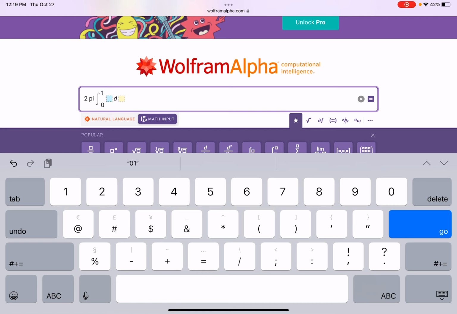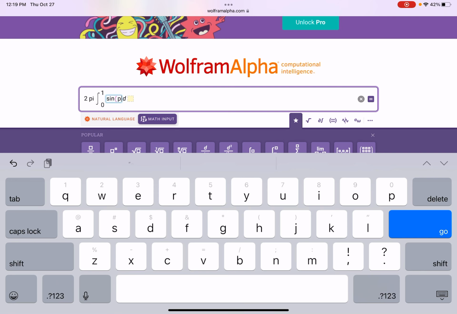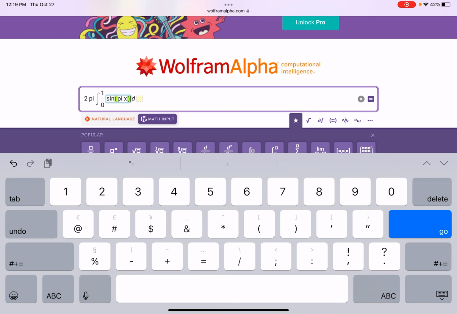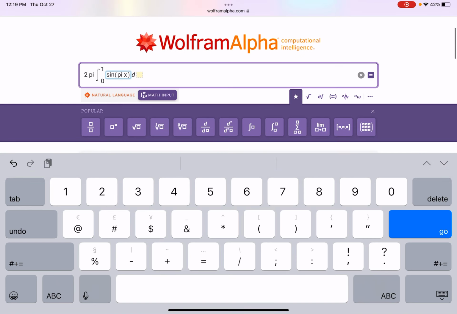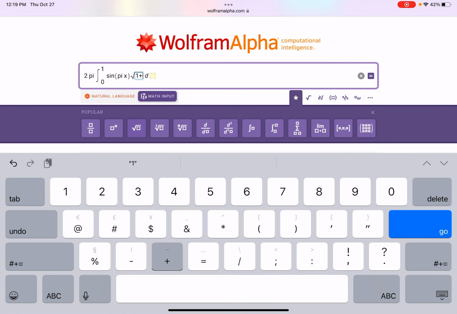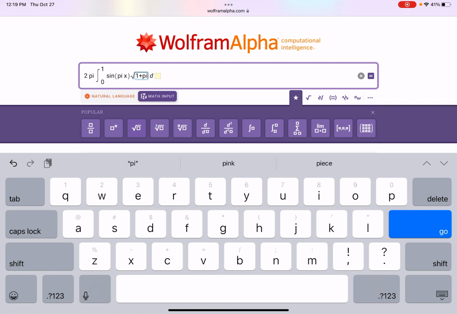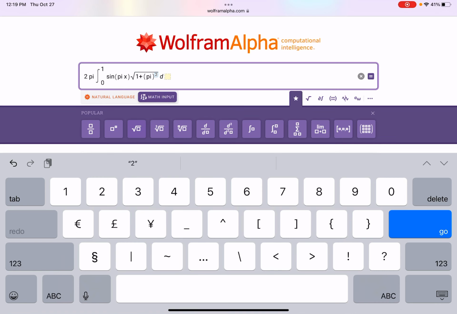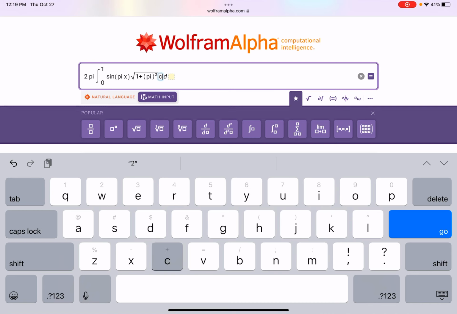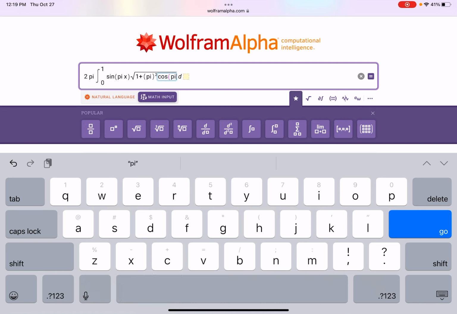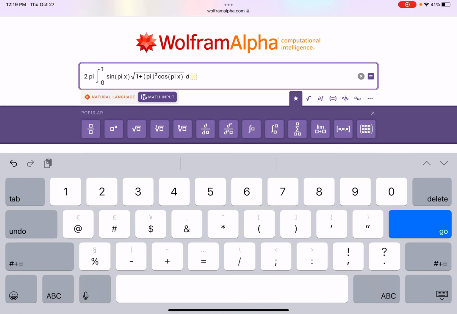And we have the sine of pi x times the square root of 1 plus pi squared, and then we have cosine. Uh-oh, my cosine is not on the inside. I need it to be on the inside. There we go. Cosine of pi x dx.